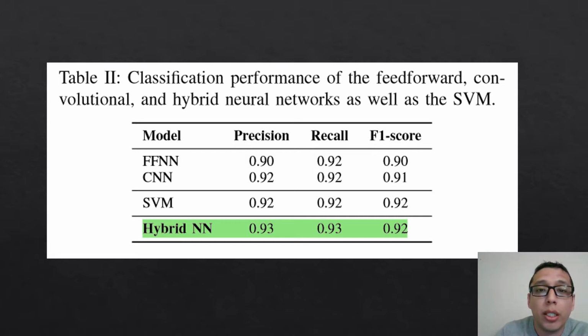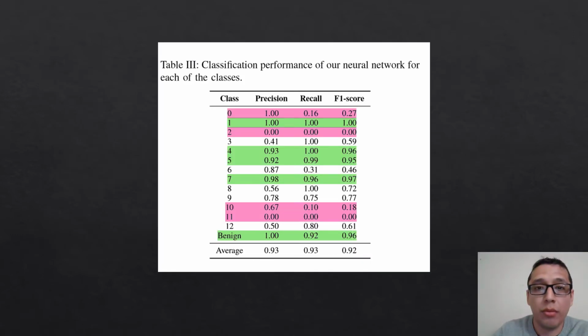Table 2 is the classification performance, and we can see that the hybrid neural network shows better precision, recall, and F1 score than the others: the feed-forward, the convolutional, and the support vector machine. Table 3 depicts the average classification performance for each of the classes of the hybrid neural network.